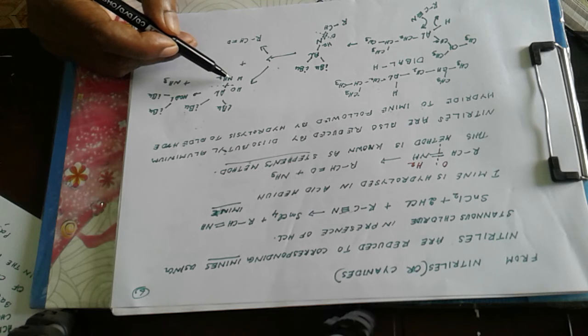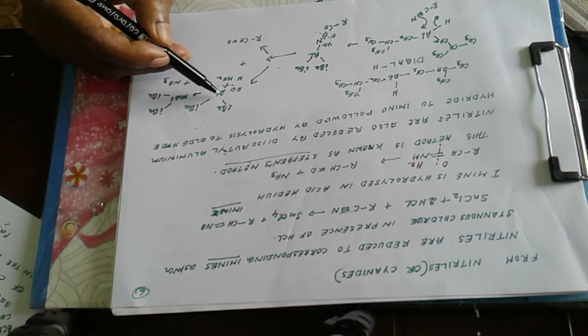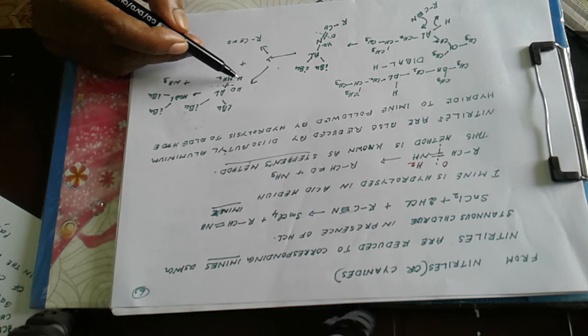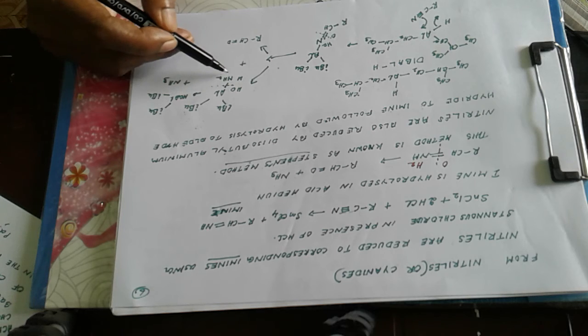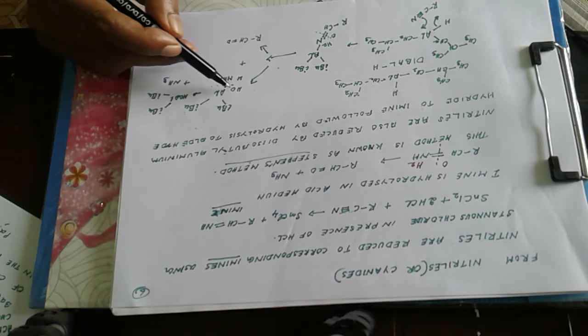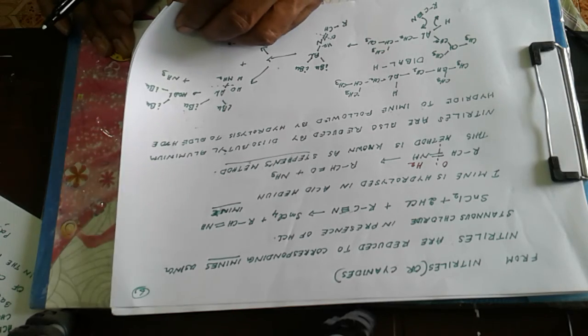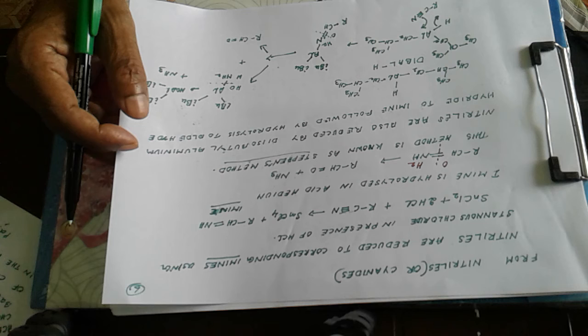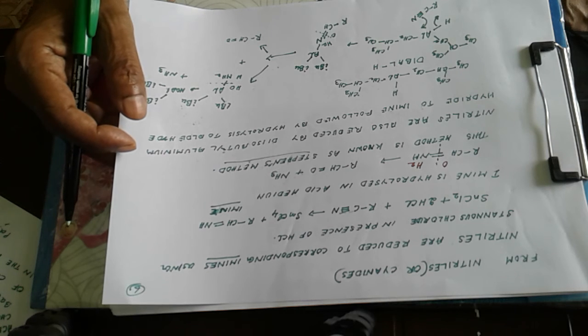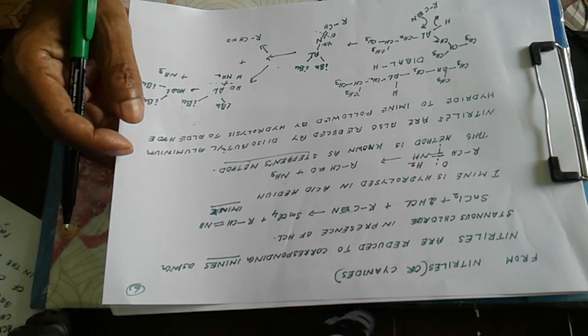Nitrogen is the negative part because aluminum is a metal, it will carry a positive charge, so that water when splits, H positive goes to the negative nitrogen, that is NH3 is formed, and AlOH isobutyl. So that is the mechanism of the reaction, cyanide getting converted to aldehyde, or nitrile getting converted to aldehyde.